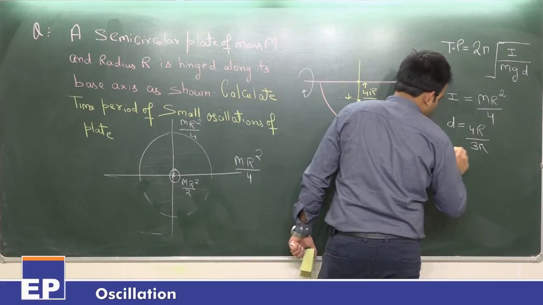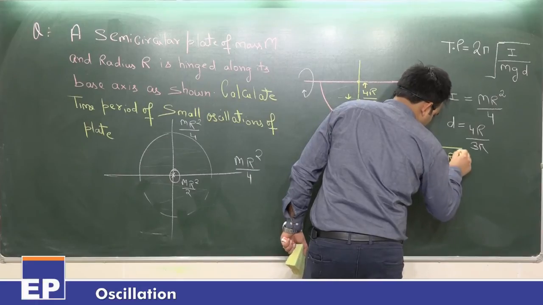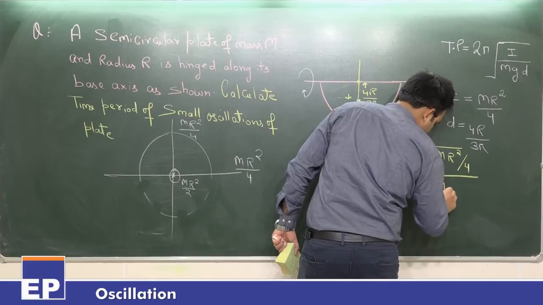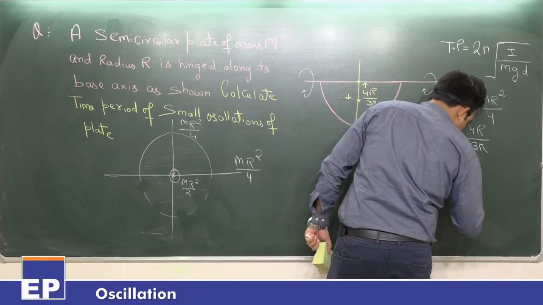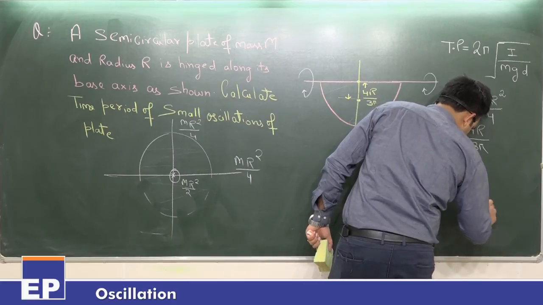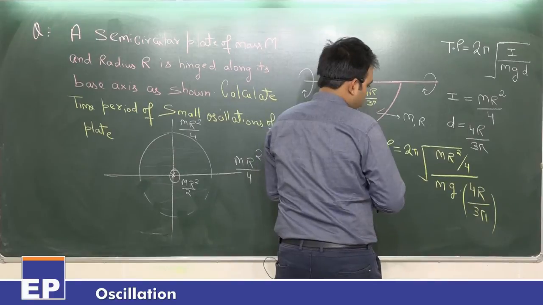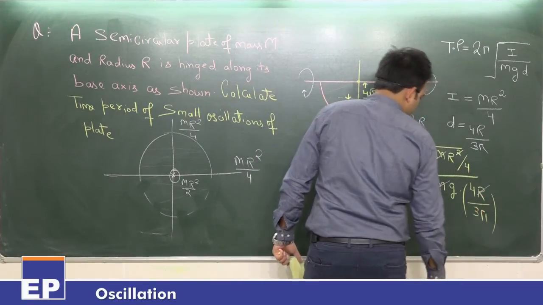Two pi under root of I, I is mr square by 4, divided by mgd. D is 4r by 3 pi. This m and m will cancel out, and this r and r will cancel out.